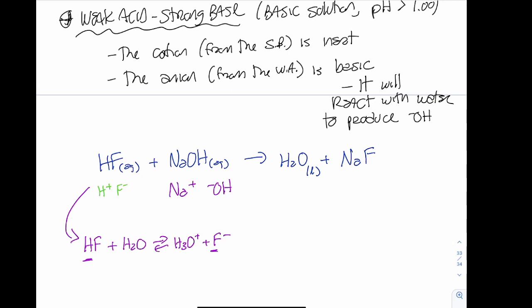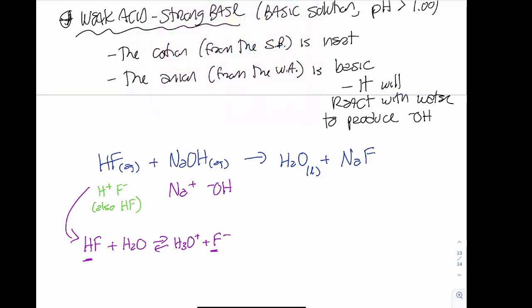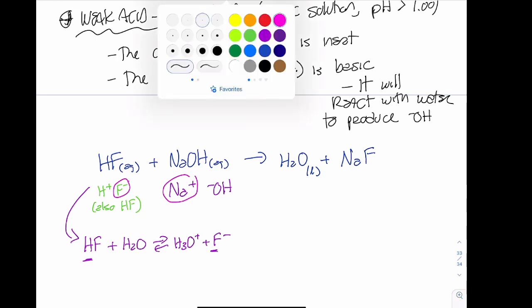Just remember that it's also HF, which means when I write the ionic or net ionic equation, I'm not going to write those as dissociated because they're not completely dissociated. When you're writing your net ionic equations, only the strong acid and strong base do you want to write as completely dissociated or ionized. You want to keep the weak ones together. Sometimes to visualize the products, it's easier to do it this way, because then we can think of this combining with this to make my salt. So if you need that visual, by all means.